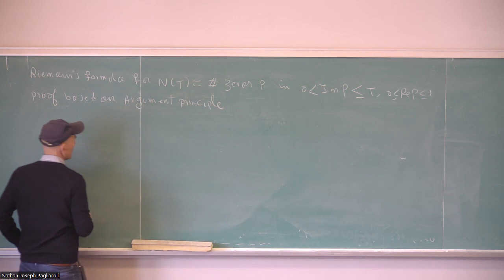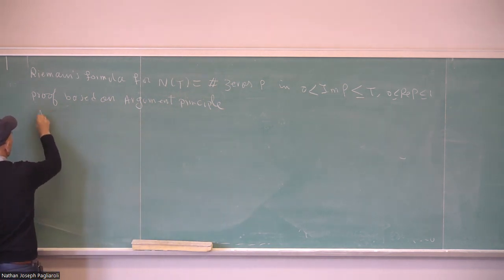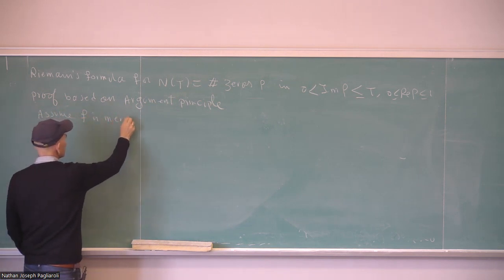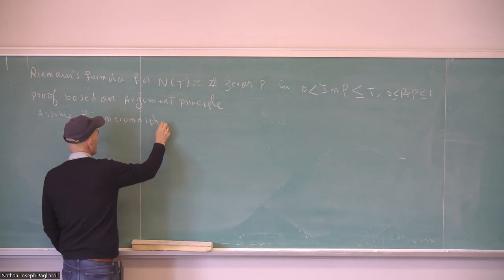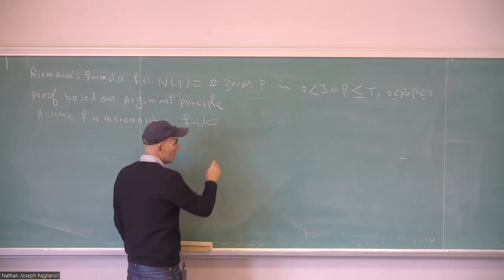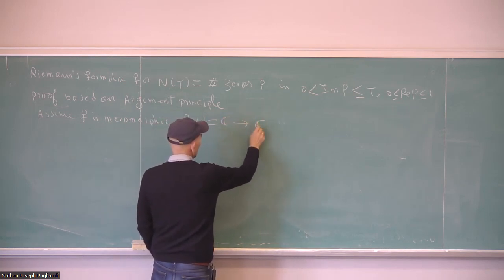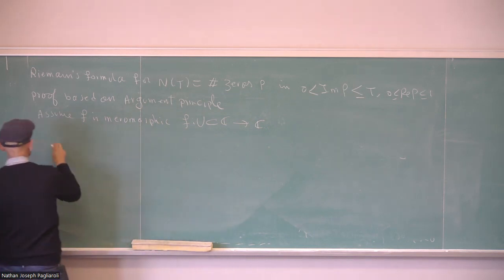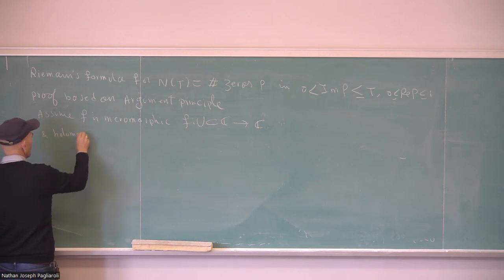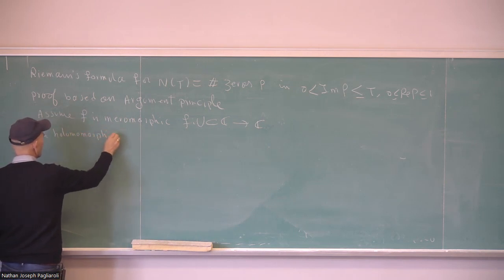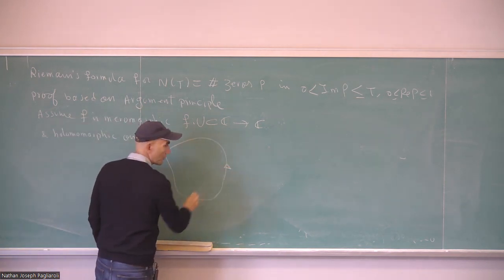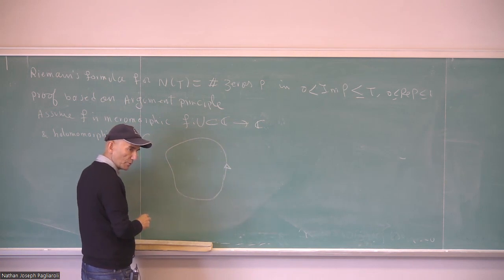So what is the argument principle? Well, the argument principle says that assume f is meromorphic on some open domain in the complex plane, and holomorphic on the contour C. This is a contour that I take counterclockwise oriented and a simple closed contour.